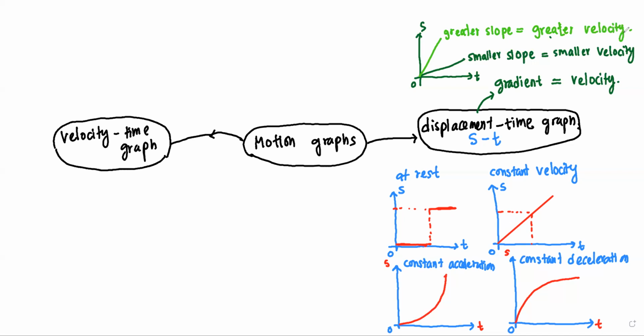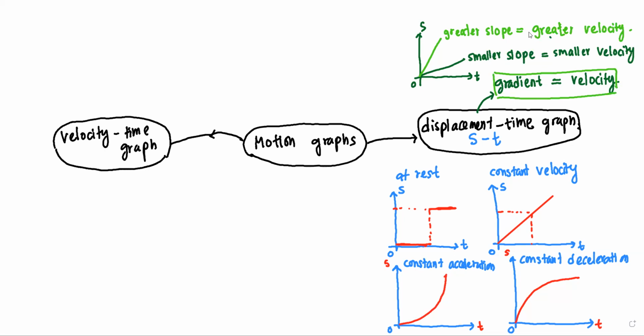So the slope of the graph or the gradient of the graph represents how the velocity changes. If you have a greater gradient, it means a greater velocity; with a smaller gradient, it's a smaller velocity, right? That's the important fact about displacement-time graphs.